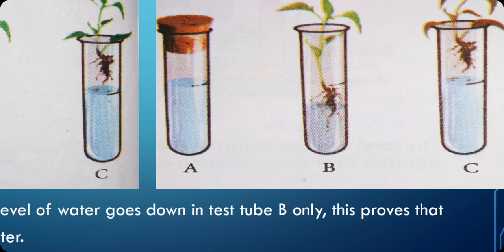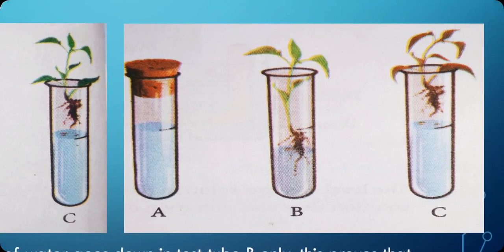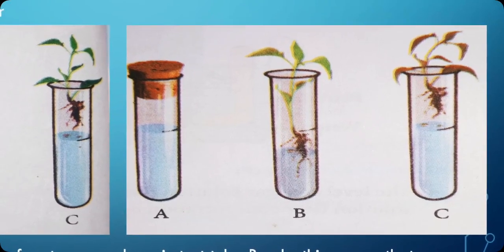Because in test tube A, you have already fixed a rubber cork over the mouth of the test tube, so the water will not escape or evaporate. In test tube C, the plant is there, the roots are also there, but they are not in contact with the water, and if they are not in contact with the water, how can they catch water? And the plant also dries off, or I can say dies.